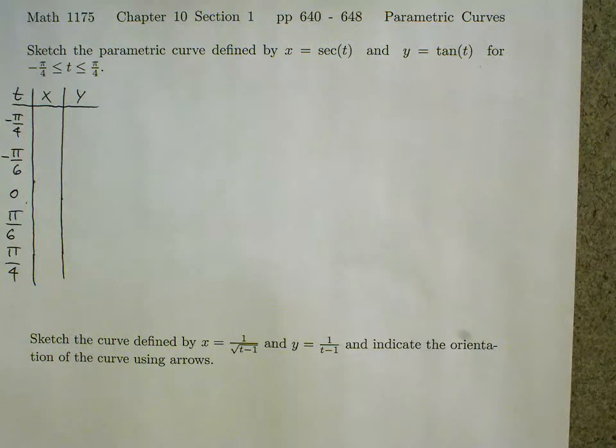Secant of negative pi over 4 is the reciprocal of cosine of negative pi over 4. And cosine of negative pi over 4 is square root of 2 over 2, which is 1 over the square root of 2. So the reciprocal, which is secant of negative pi over 4, is the square root of 2.